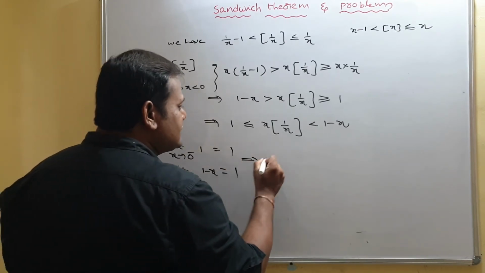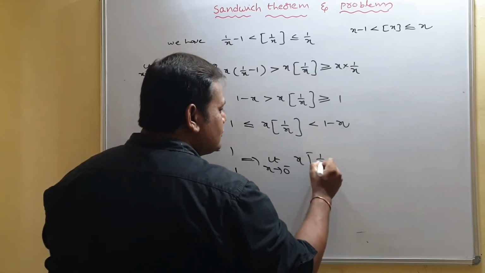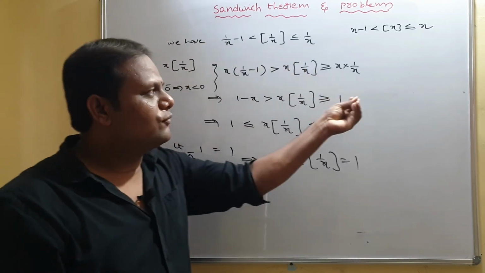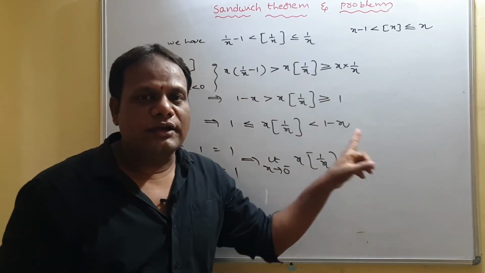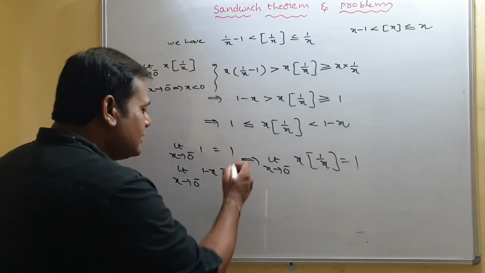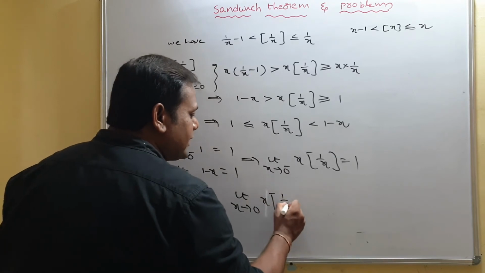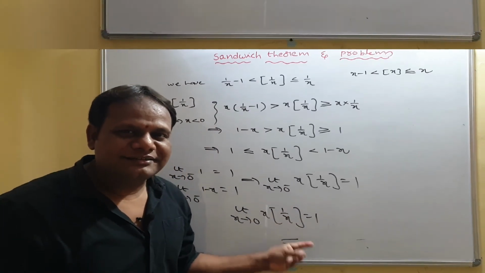So from sandwich theorem you can take that limit x tends to 0 minus x into step 1 by x is 1. Already we found the right limit, we got 1. Now we found the left limit, we got 1. Thus limit x tends to 0 of x into step 1 by x is 1. Is it clear?